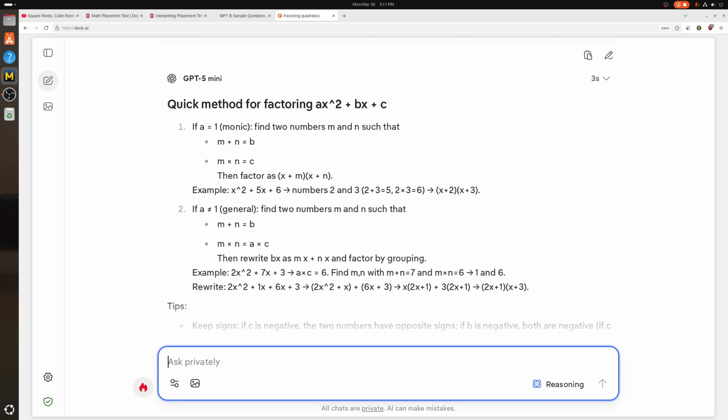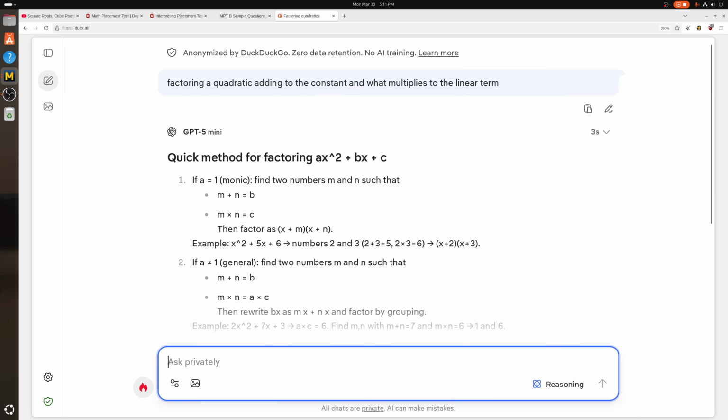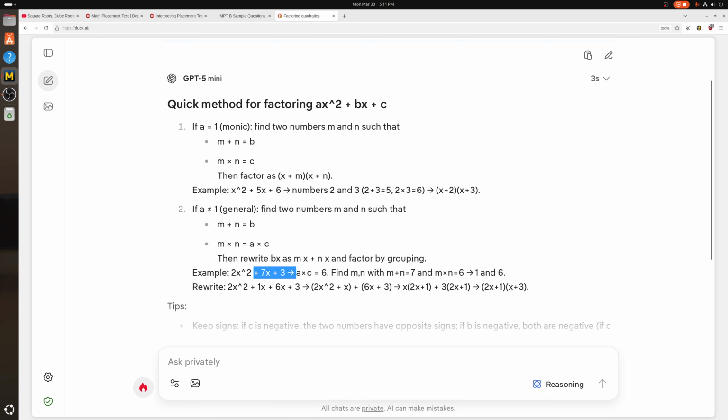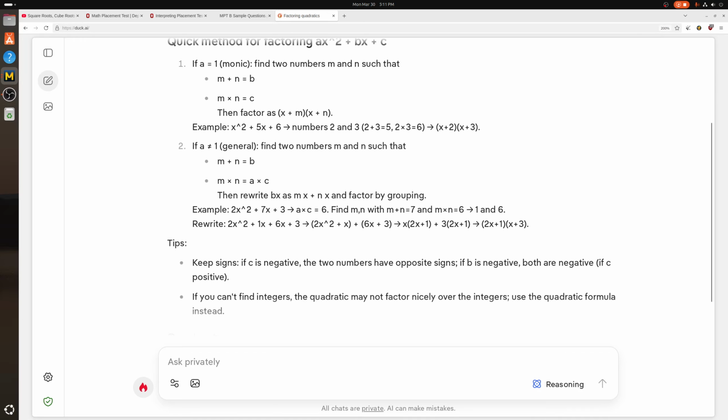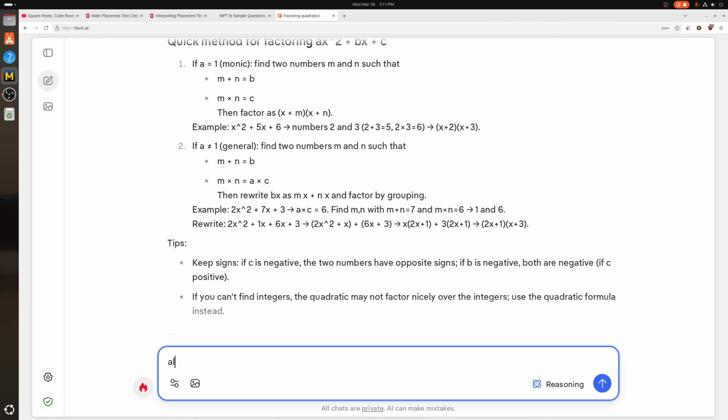A times C equals 6. Yes, find M and N with M plus N equals 7 and M times N equals 6. This is the worst explanation ever. Algebraically, motherfucker.